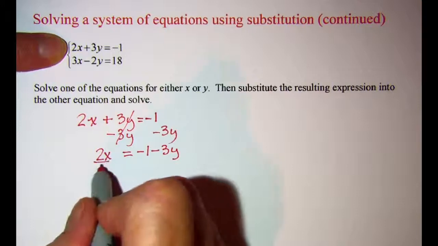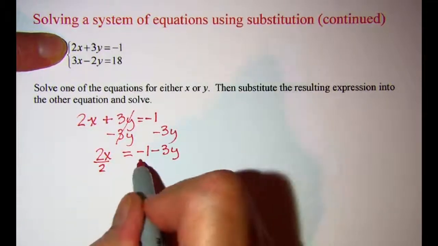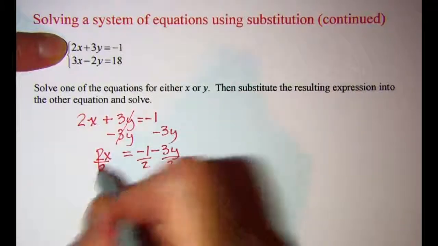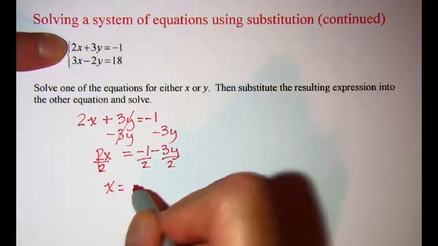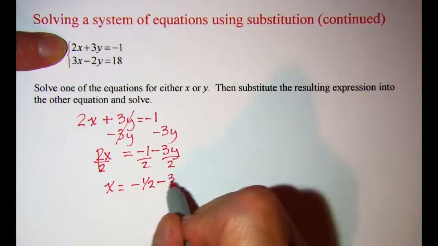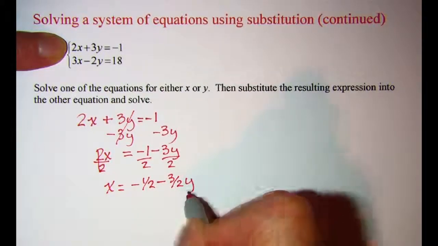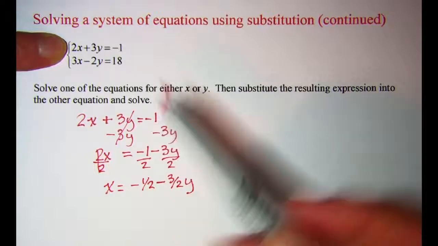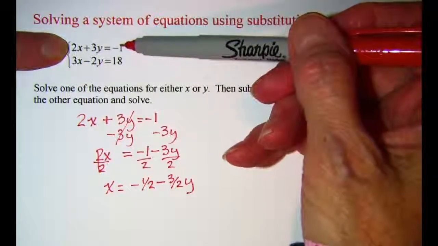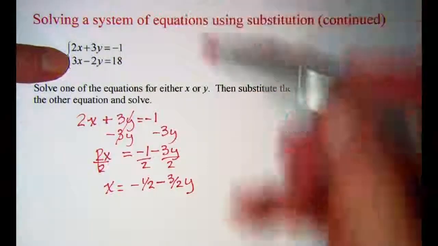So I'm going to divide every term by 2. And I have x is equal to -1/2 minus 3/2 y. Now, since I solved the first equation for x, I need to substitute into the second equation.